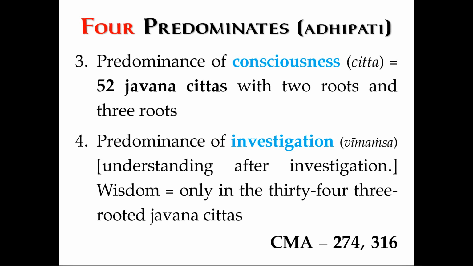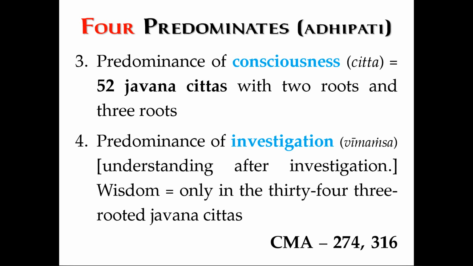So we have 52 javana chetas, right? Among them, only 3 roots. 3 roots means alobha, adosa, amoha.